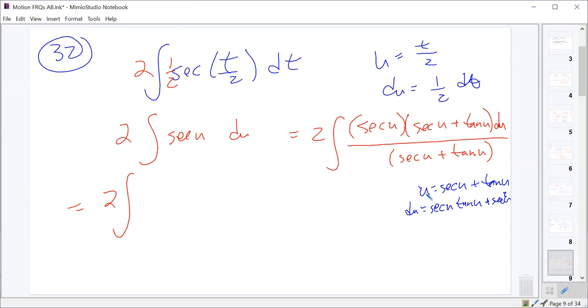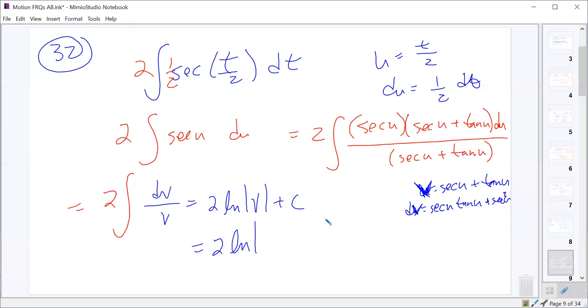I guess I shouldn't have written these. Let's make these v's, dv and v. But anyway, you end up with a dv in your numerator and a v in your denominator. So this becomes 2 natural log absolute value v plus your constant, which is 2 natural log absolute value of secant u plus tangent u, which we can write as secant t over 2 plus tangent t over 2 plus your constant.